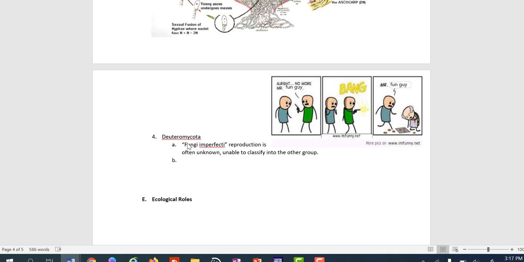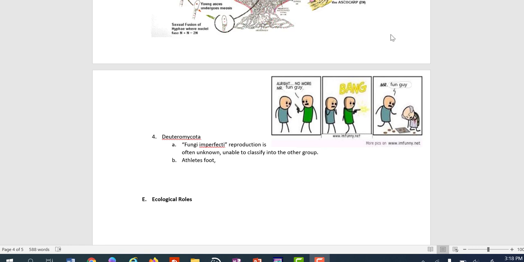An example of this group is your athlete's foot, which is a fungus, right, or the result of a fungus. In some cases, from what I understand, there are certain species that some taxonomists group into phylum Ascomycota, because their reproductive life cycle is similar to that.